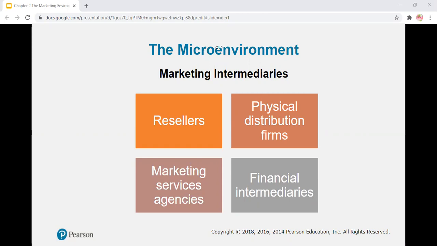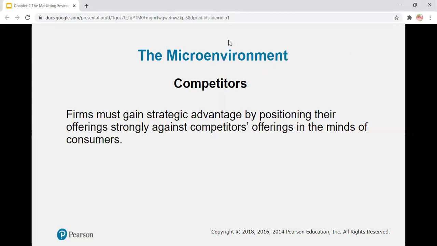So, like suppliers, marketing intermediaries form an important component of the company's overall value delivery network. Marketers recognize the importance of working with their intermediaries as partners rather than simply as channels through which they sell their product.